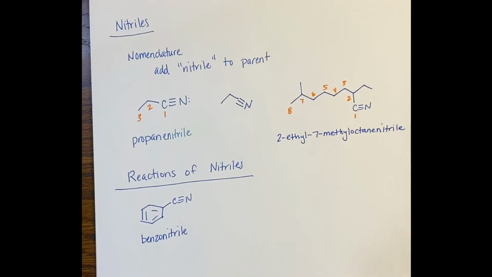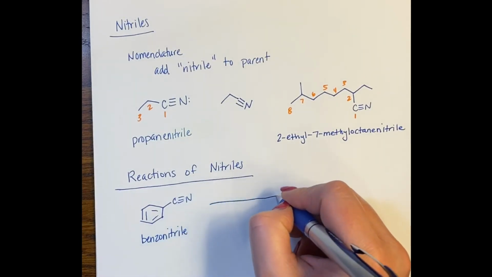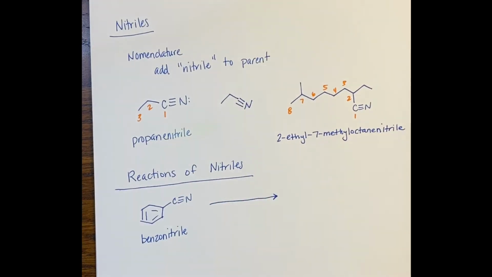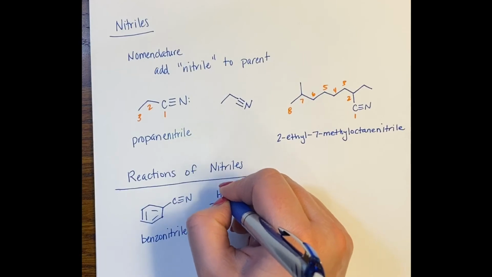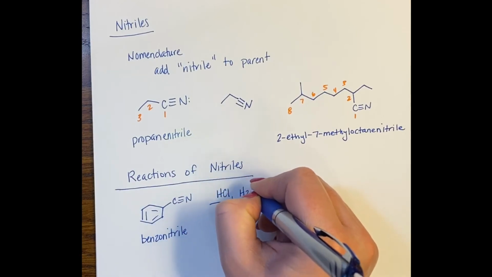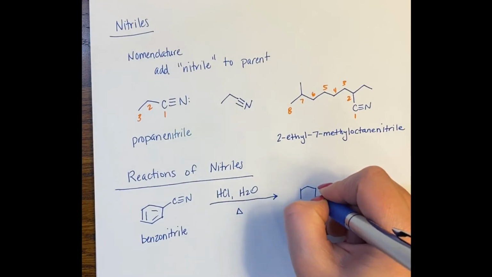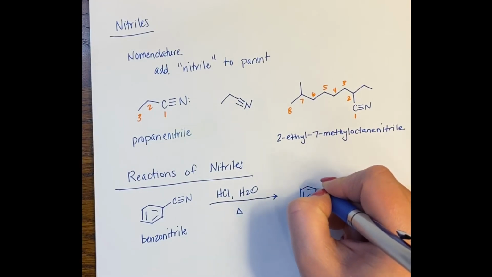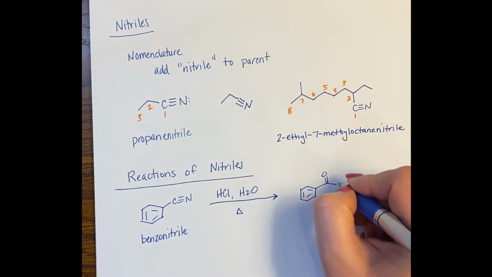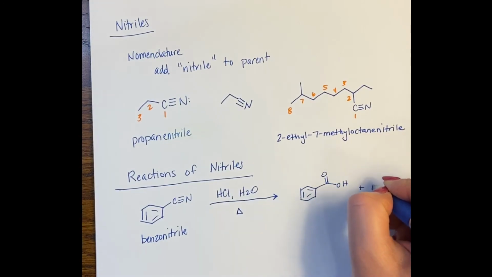This compound can undergo a hydrolysis under both acidic and basic conditions. Under acidic conditions, we're going to treat the nitrile with an acid like HCl. We need water and heat, and the product that we get out of that reaction is a carboxylic acid and an ammonium ion.